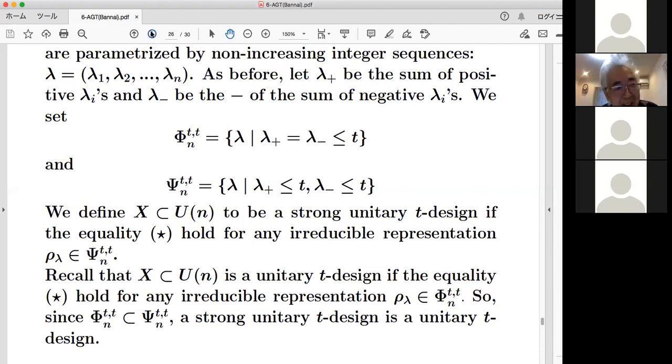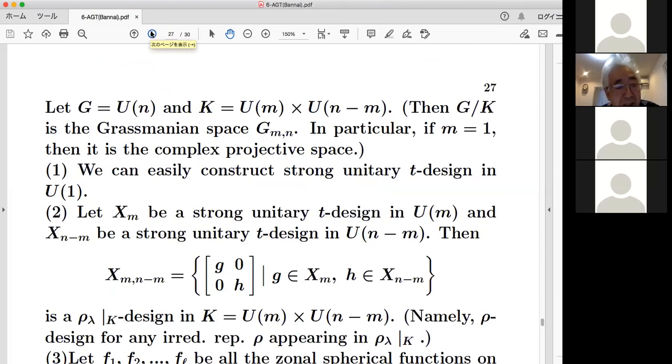And then we want to use a kind of induction. Let G be the unitary group U(n), and K a subgroup, U(m) times U(n minus m). Then G over K is the so-called Grassmannian space G(m,n). In particular, if m is equal to 1, then it is a complex projective space.